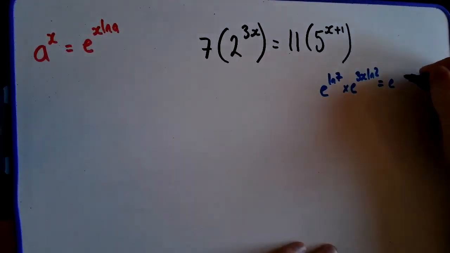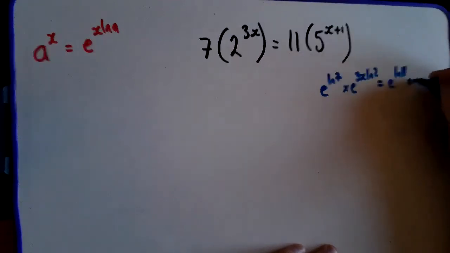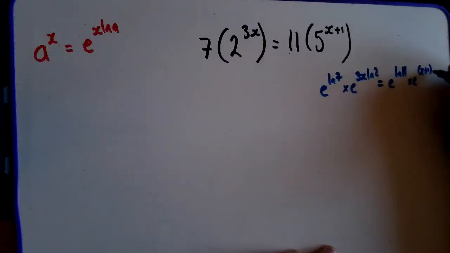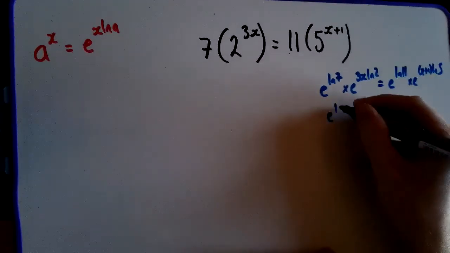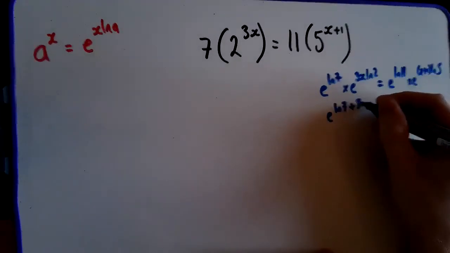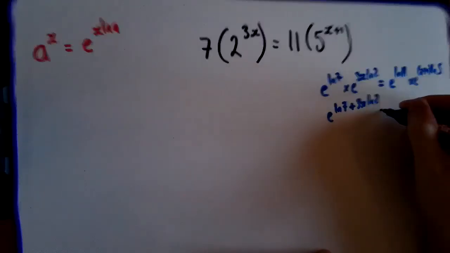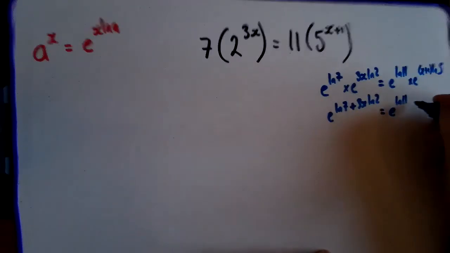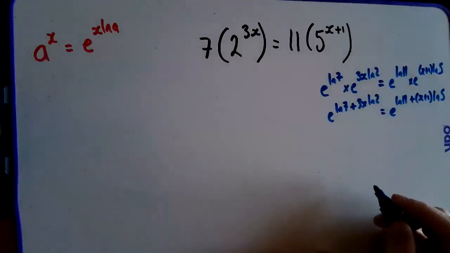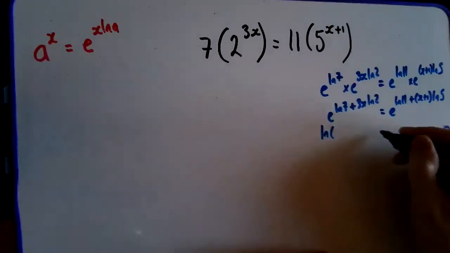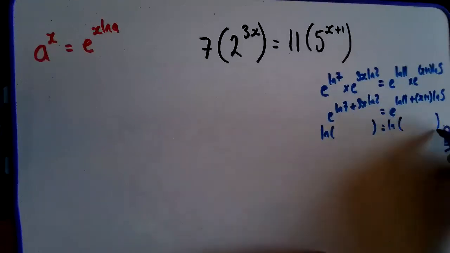This side will be e ln 11 times e x add 1 ln 5. Then I can add the powers, so e ln 7 add 3x ln 2 is e ln 11 add x add 1 ln 5. I can now do ln on both sides, which makes the e's cancel out.